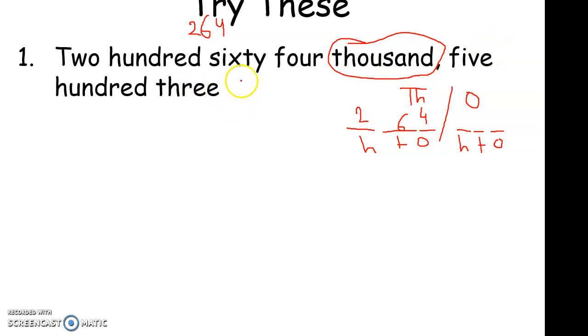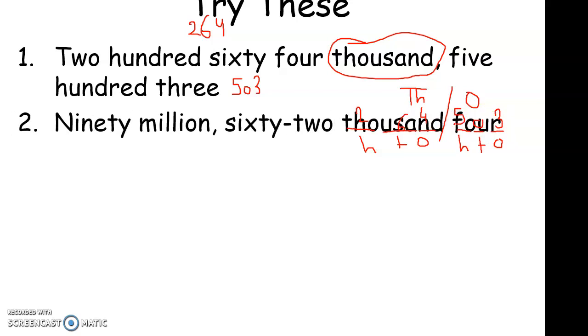How do we write 503 in digits? Like this. Fill it here. Start from where? From ones. So the digit form is 264,503. Okay, let's erase.